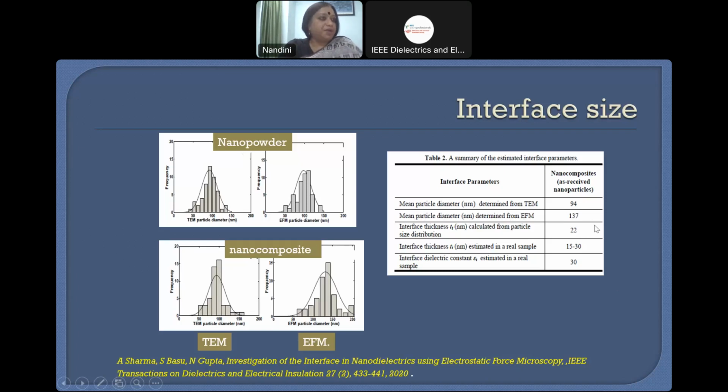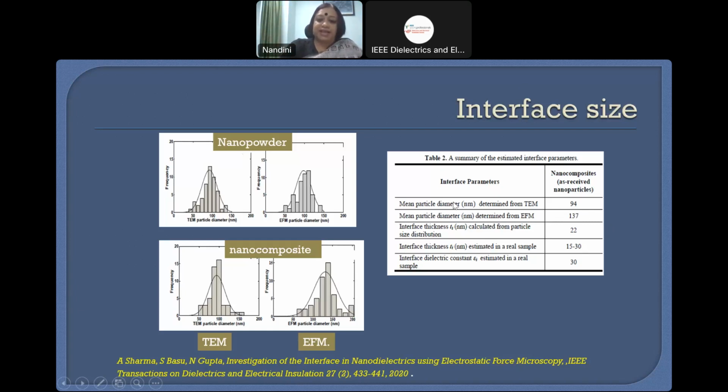Now, what could be the reason for that? The reason is that EFM measures a phase change. So EFM is able to sense a phase change over a larger diameter, and this can only happen if there is a phase change not only at the interface of the bulk polymer with the filler, but also around an interfacial region around the nanoparticle.